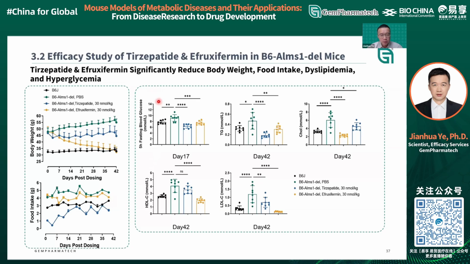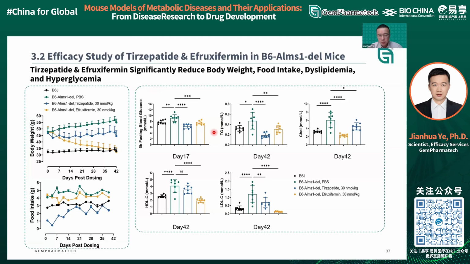For the glucose, the AMS1 knockout mice will develop hyperglycemia. But if we treat the mice with tirzepatide or the efruxifermin, the blood glucose level is reduced.